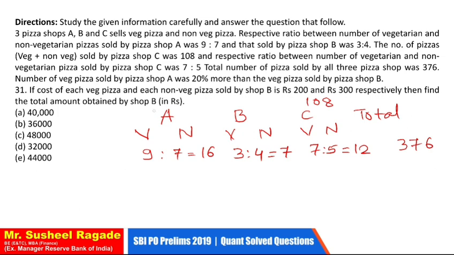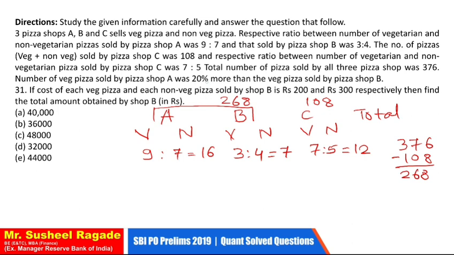So the total of A and B will be 376 minus 108, which is 268. So simultaneously we are reading and writing the information available.